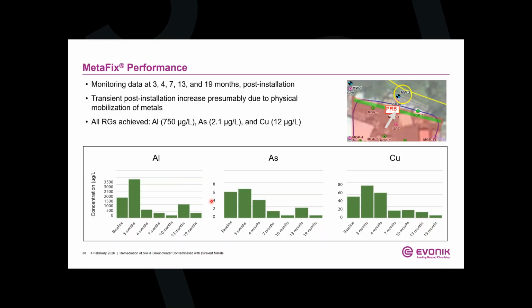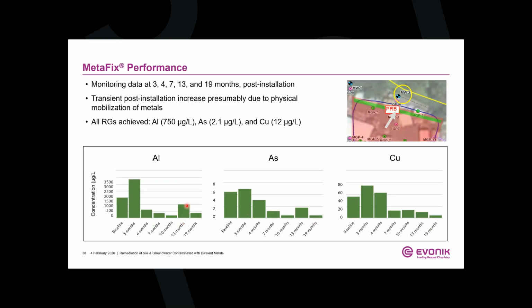And that same groundwater had really high aluminum, about 2,000 ppb of aluminum, that was reduced to well below the action level of 750, and arsenic that started in the range of about 6 ppb and was reduced down to well under 2 ppb by the end point.